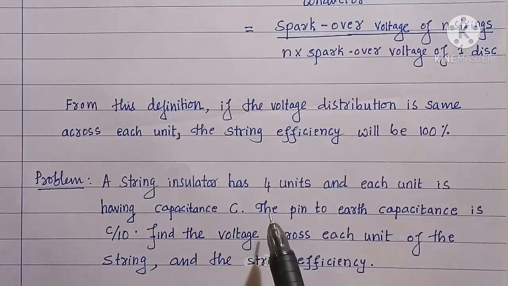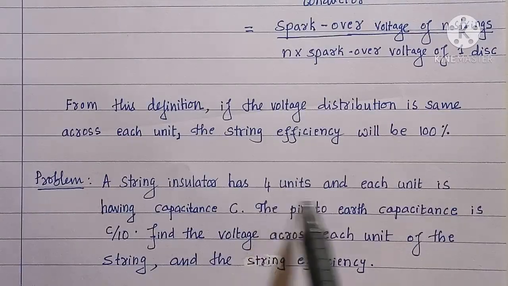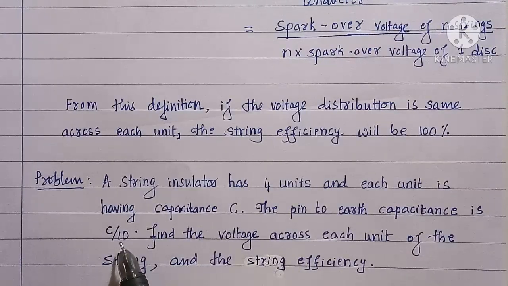In this question, we have been given 4 units and the value of m here is 10. Now we have to calculate the voltage across each unit of the string and also the string efficiency.